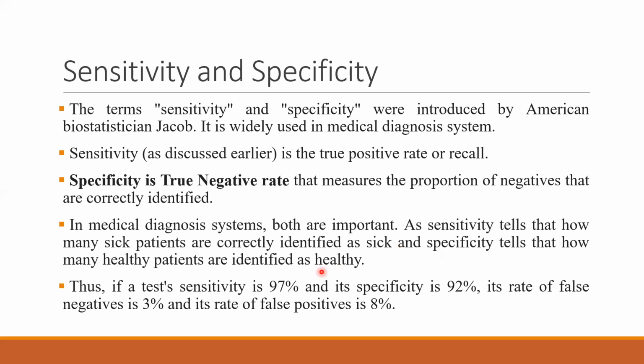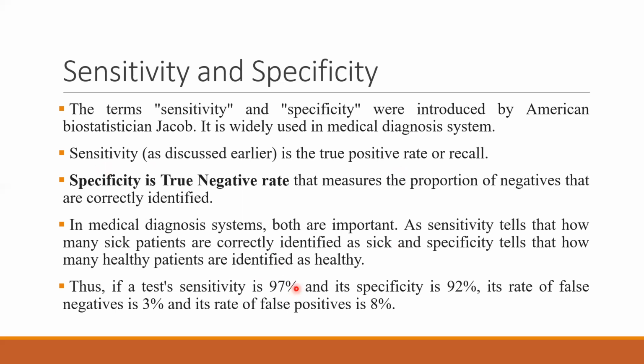So you have to deal with both of them, and let's see. Now, if a test's sensitivity is 97% and specificity is 92%, its rate of false negatives is 3% and its rate of false positives is 8%. Is this statement clear? We said that sensitivity is the true positive rate. So true positive rate is 97%, right?